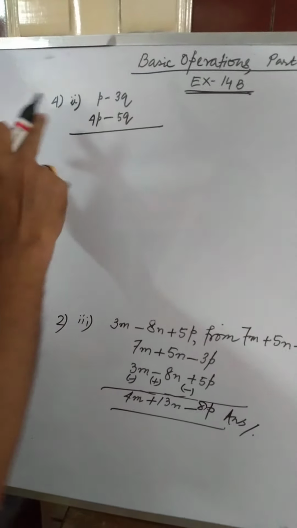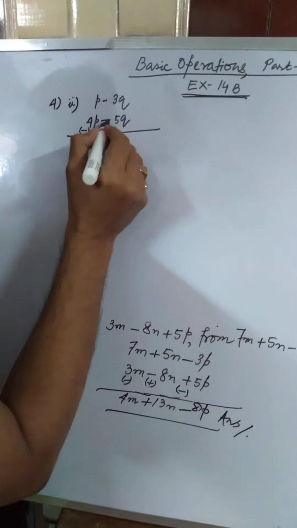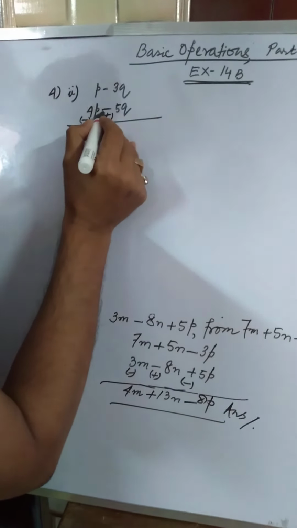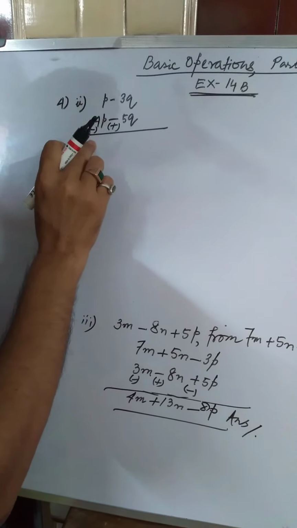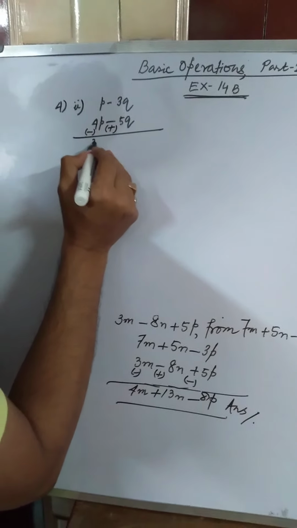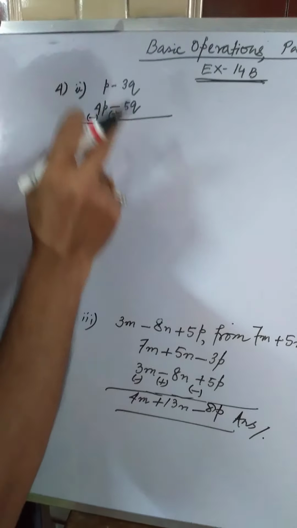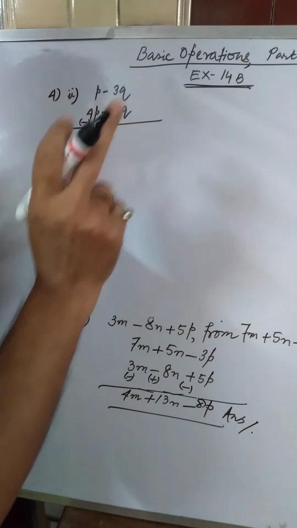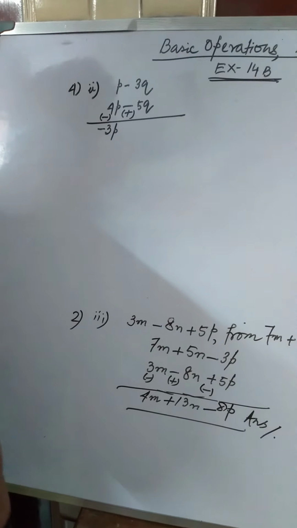So here no sign is there, that means plus sign, change it to negative sign, and here minus, change it to plus. Now 1 minus 4. 4 minus 1, the result is 3. But here 4 is the bigger number as compared to 1, and the sign of 4 is minus, so that should be minus 3p.